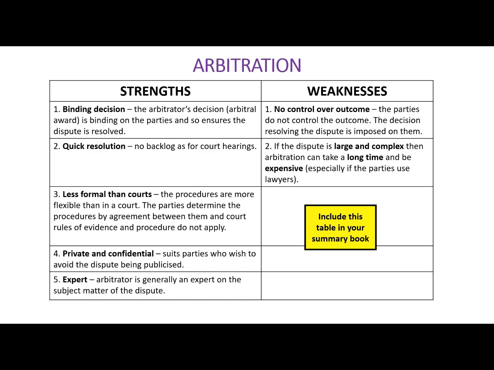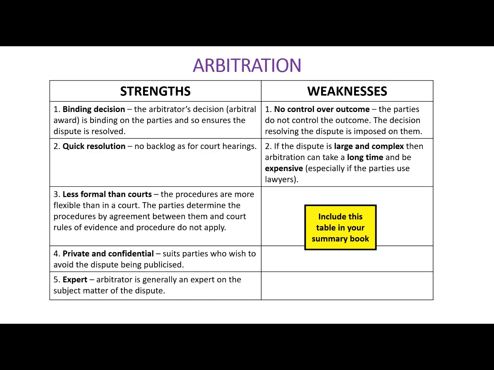So, unlike mediation and conciliation, where the dispute will only be resolved if the parties are able to reach an agreement, in an arbitration, the dispute is resolved by a third party, that is, the arbitrator deciding the dispute for the parties, and the parties must comply with the arbitrator's decision.